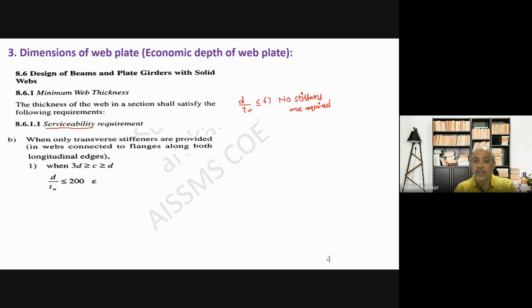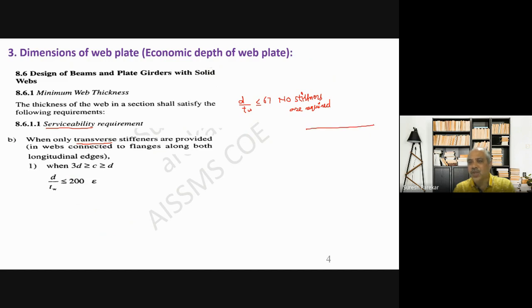We go for stiffeners when my web will buckle, and for that these criteria are given. So only transverse stiffeners are provided, and the web is connected to the flanges along both longitudinal edges.